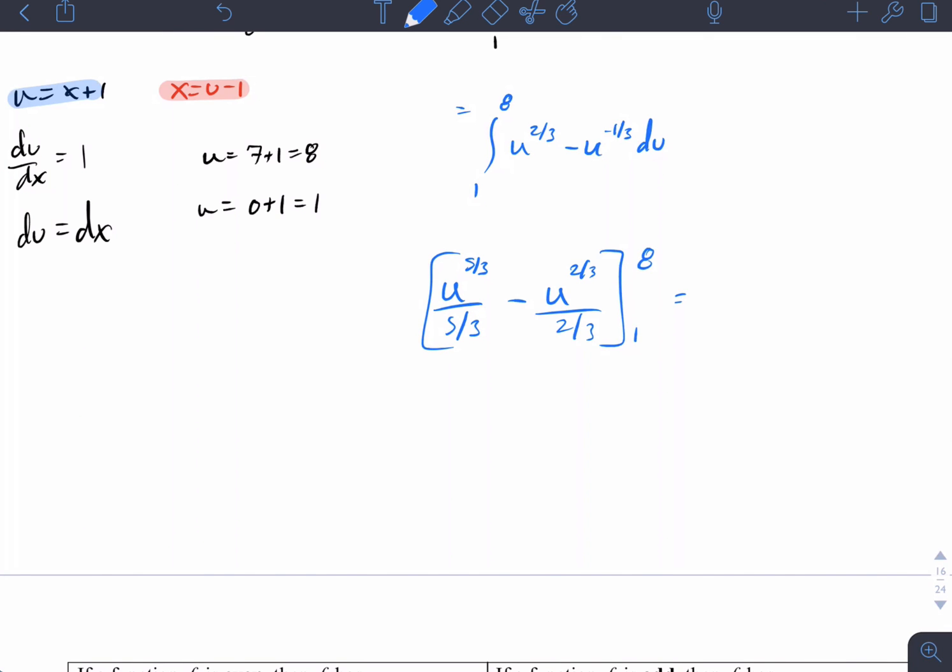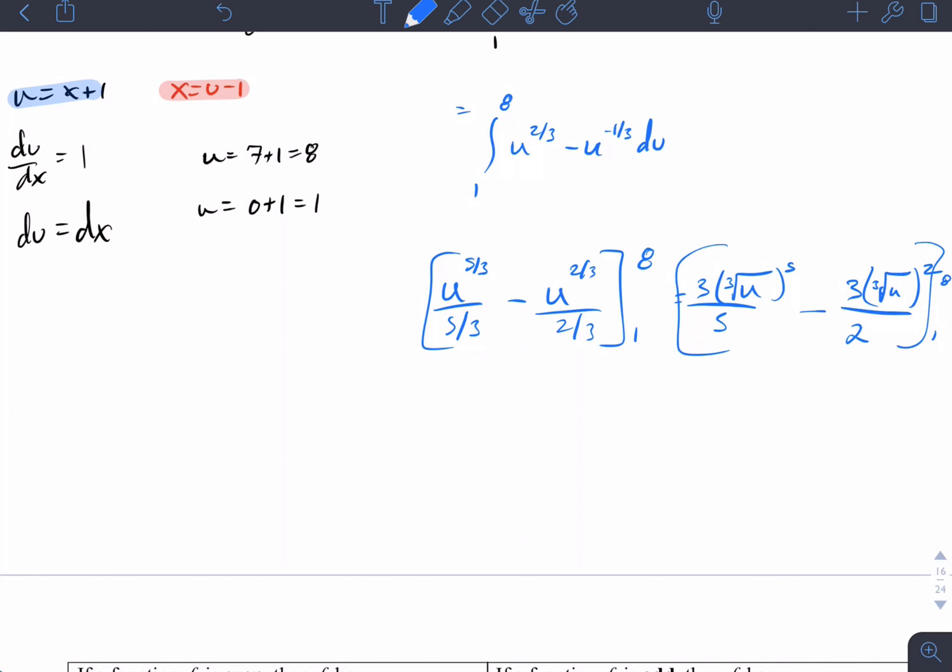I'm going to rewrite this as u cube rooted and then to the 5th power. And then actually I'm going to rewrite this even better. Instead of over 5 over 3, this is 3 over 5 minus, sorry about that, a little glitch, minus 3 over 2, and this is going to be the cube root of u, again, squared. And this is still with 1 and 8 being plugged in.